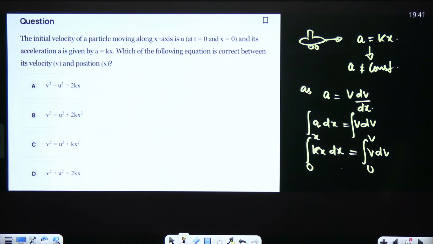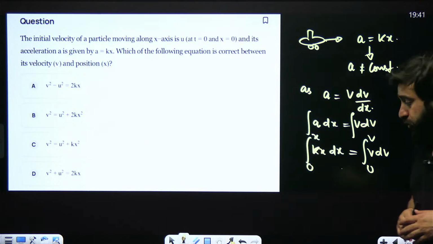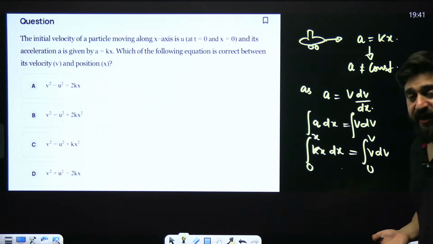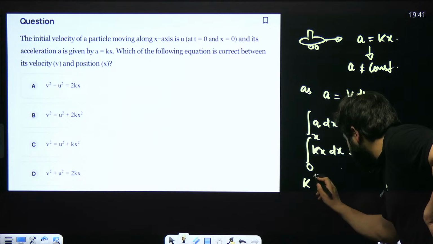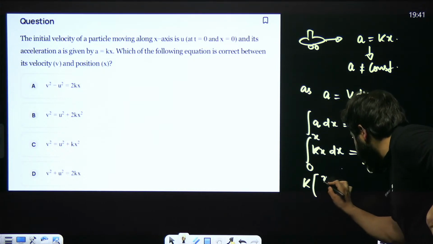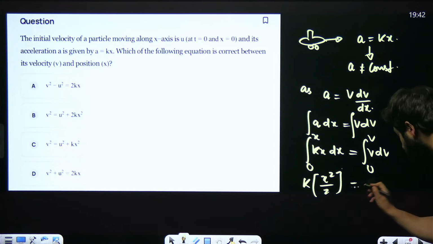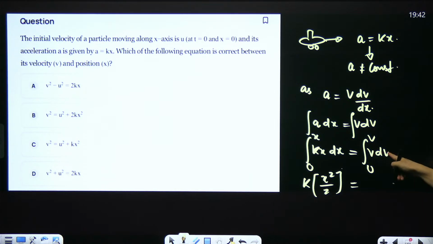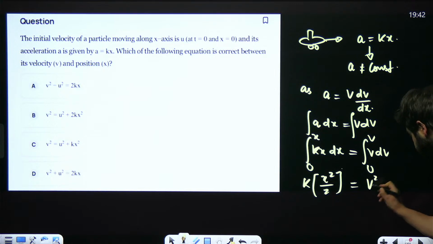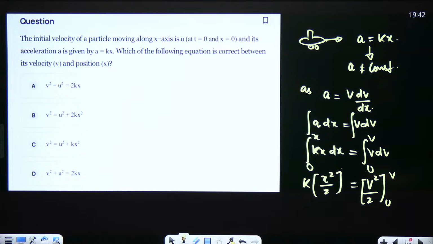Take this k out, because k is constant. Then integration of x will be x square by 2. And then over here, integration of v dv is v square divided by 2, from u to v.